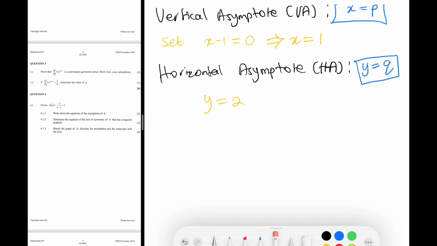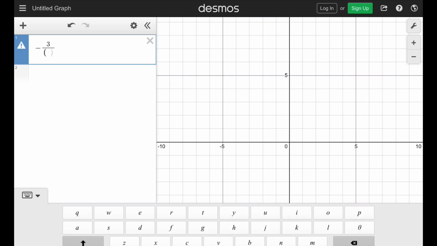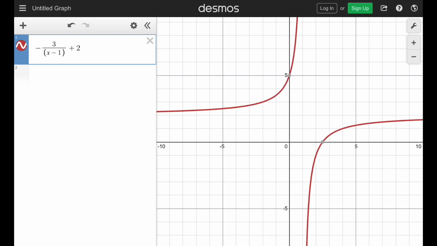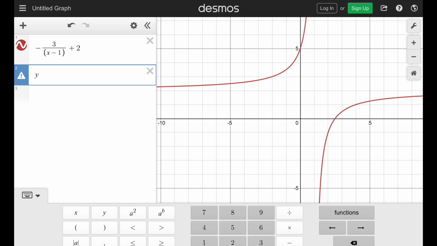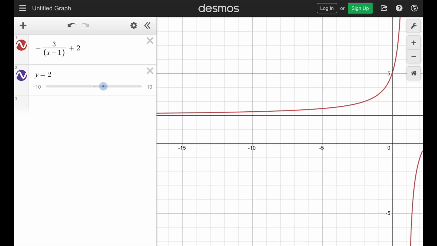Now, let's talk about the idea of an asymptote. Let's look at what the graph of h of x looks like. This is the graph. Now let's add the asymptote y is equal to 2, the purple line.